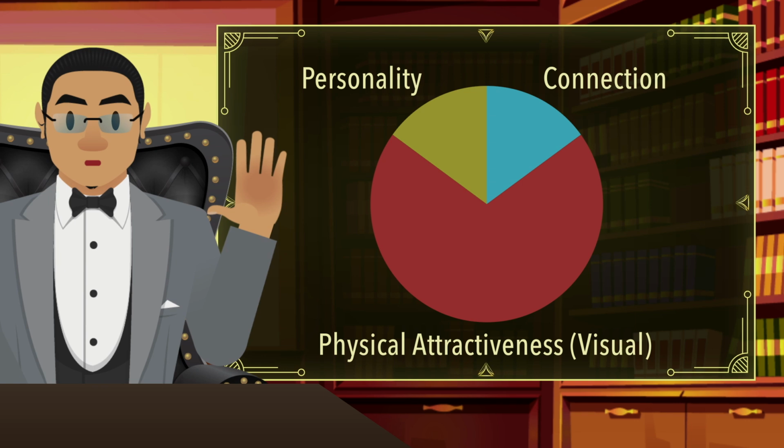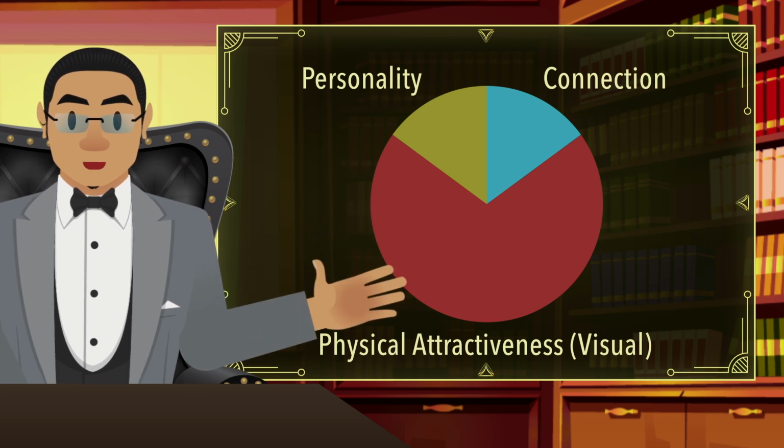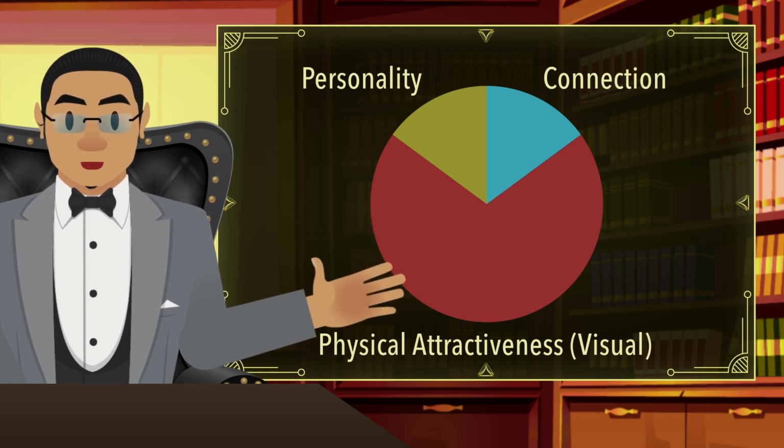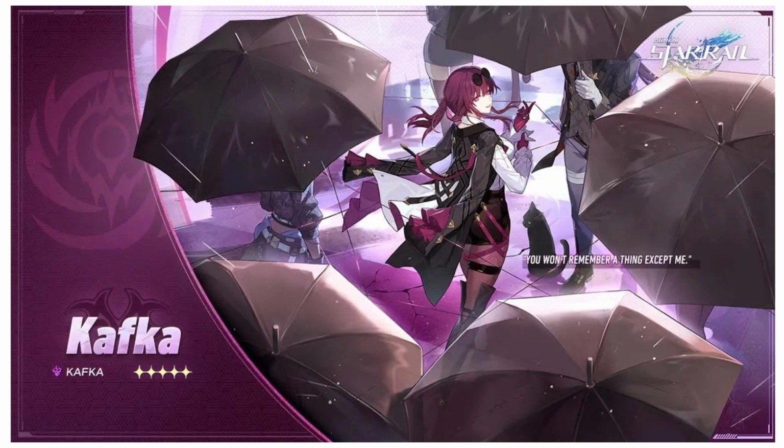Okay, back to our Waifunomics 101 class. To make a top-tier waifu, the character's visual design, personality, and connection to the target audience all need to be harmonized. You should be able to know a character's personality and relationship to you at first glance. Let's use Kafka from Honkai Star Rail as an example.